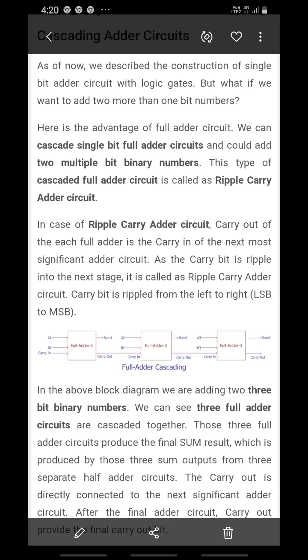Those three full adder circuits produce the final sum result, which is produced by those three sum outputs from three separate full adder circuits. The carry out is directly connected to the next significant adder circuit.